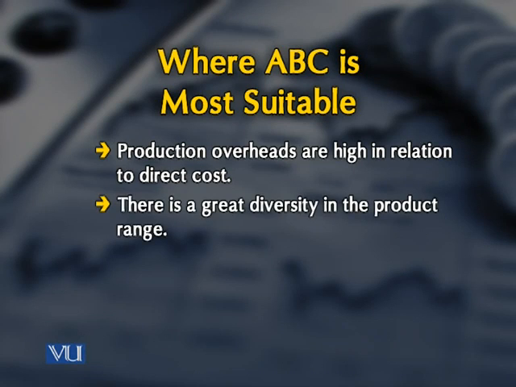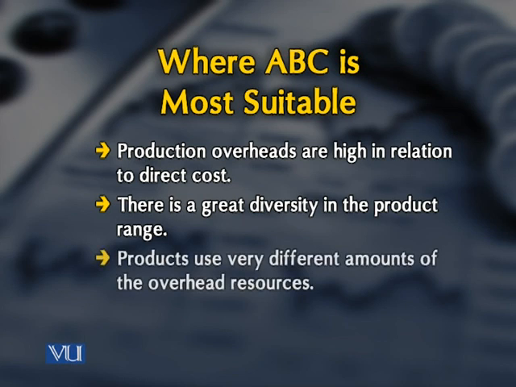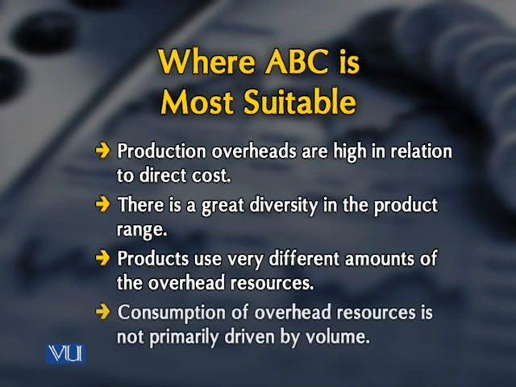There is a great diversity in the product range. It means you are not producing one single product, you are producing a number of very different lines of products. Then products use very different amounts of overhead resources. Consumption of overhead resources is not primarily driven by volume. So ABC is most useful where these characteristics are there.